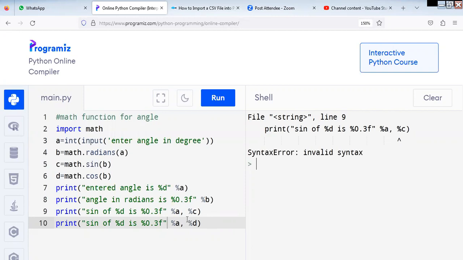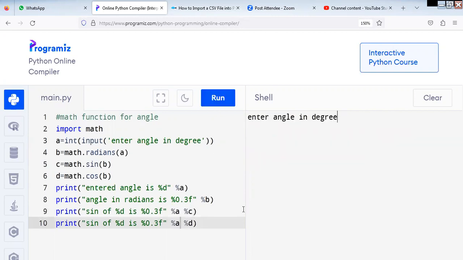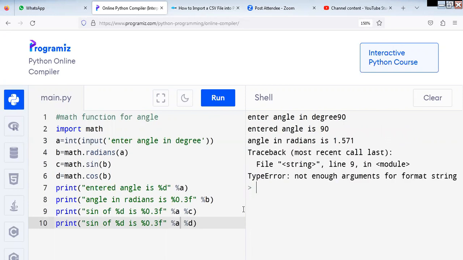Let us check whether it's correct. Enter angle is 90, angle in radians is 1.571. So when we want to print 2, I think I have made some syntax mistake.